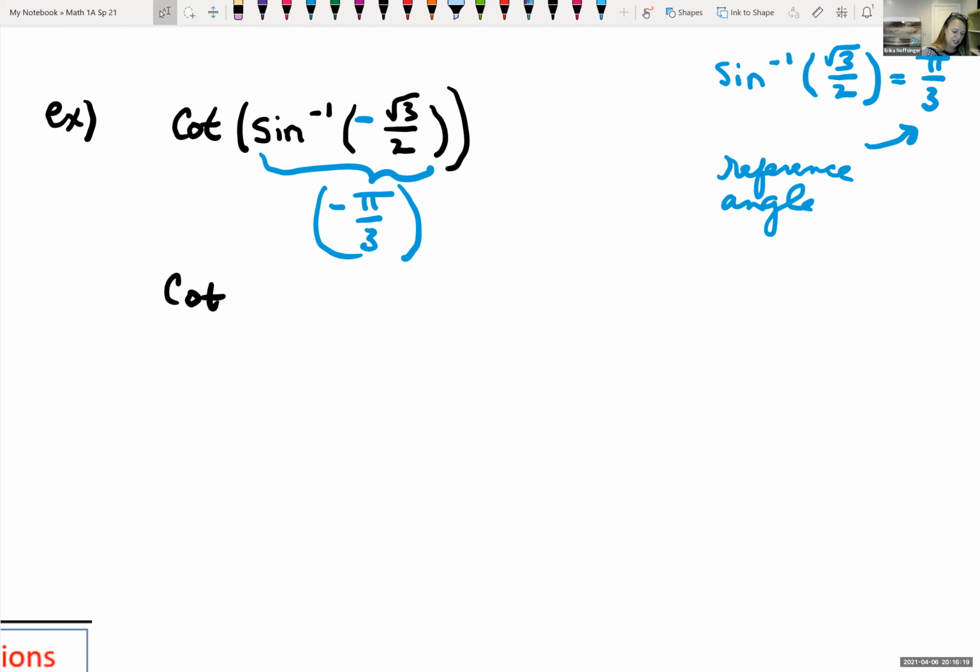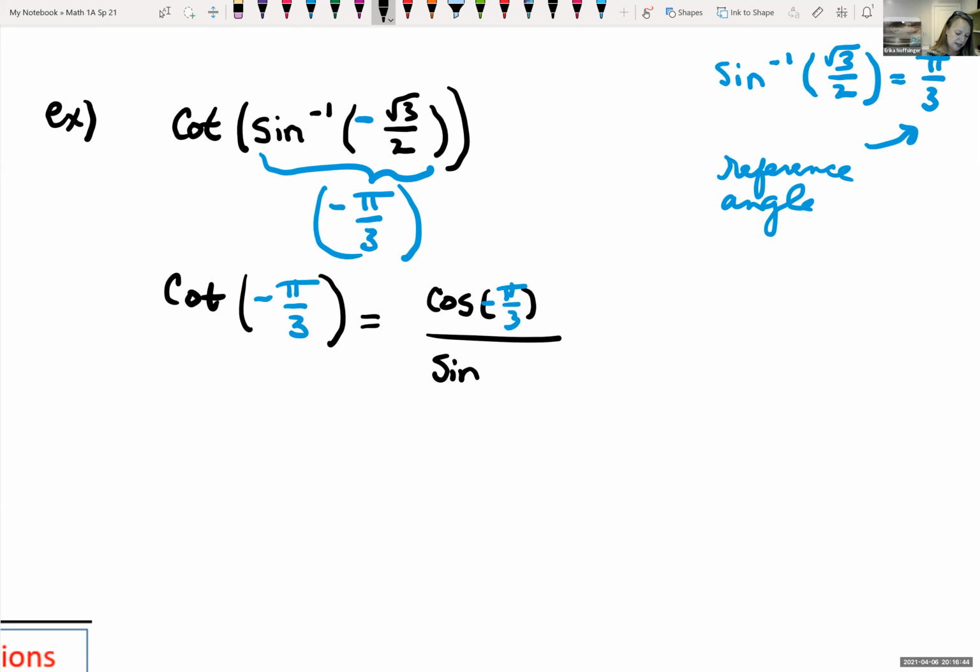So we have cotangent here of negative pi/3. And again, if you don't remember cotangent, we can rewrite this in terms of sine and cosine. I know that this is cosine of negative pi/3 all over sine of negative pi/3. There are multiple ways I can do this.